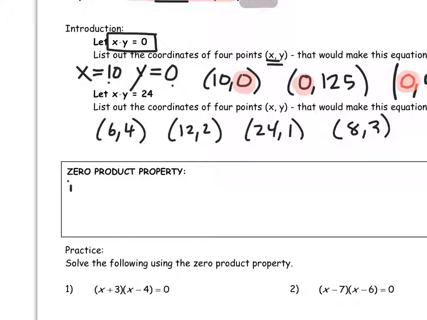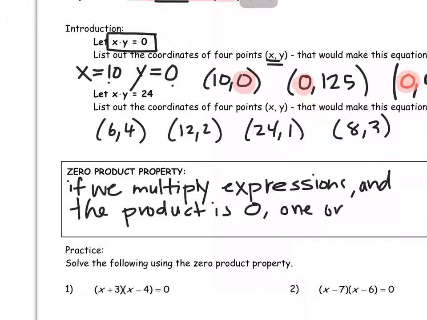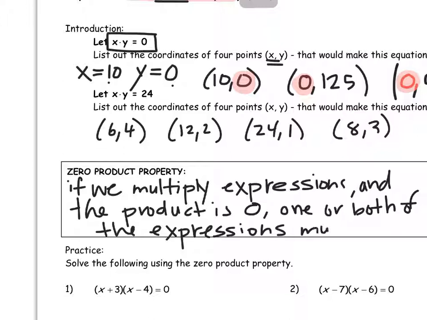It says that if we multiply expressions and the product is 0, one or both of the expressions must be 0.